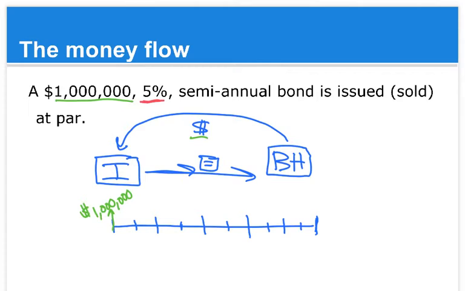We can say 1 million multiplied by 5% is 50,000, but we have to remember to divide it by 2 because this bond is paid semi-annually. This will equal 25,000, and 25,000 will be paid out each semi-annual period.